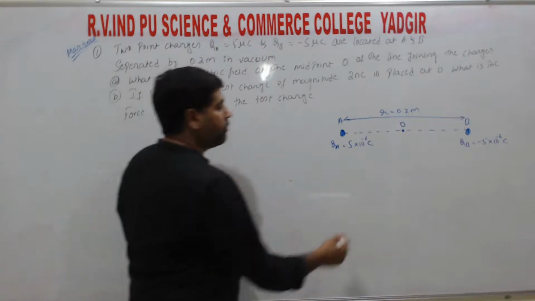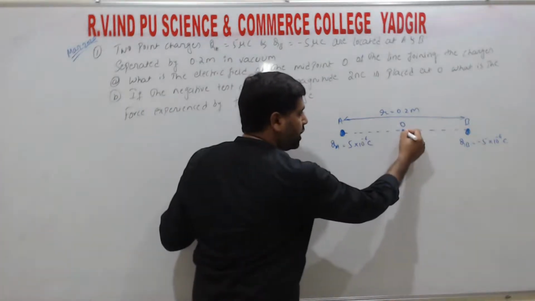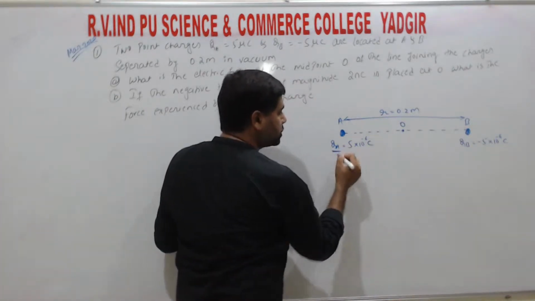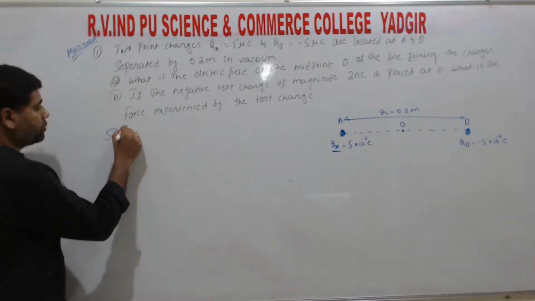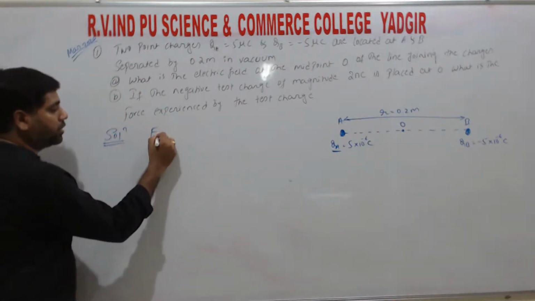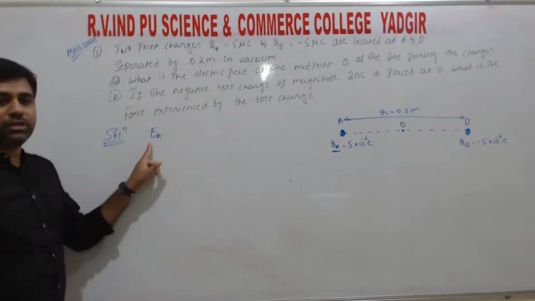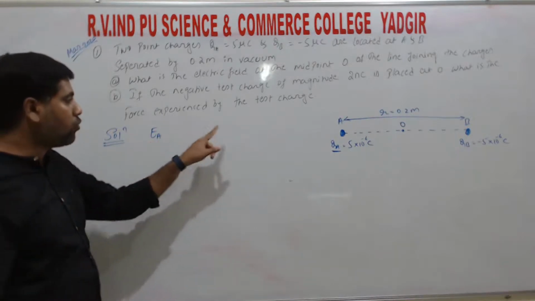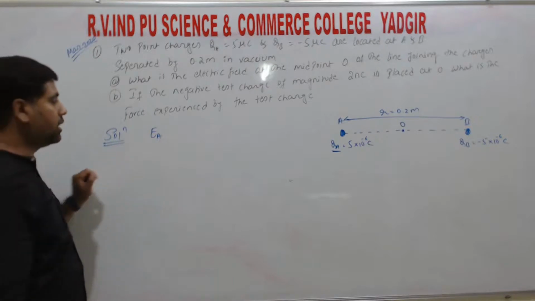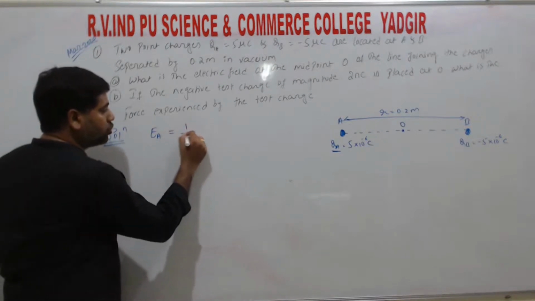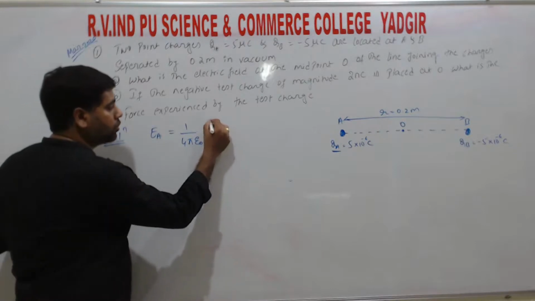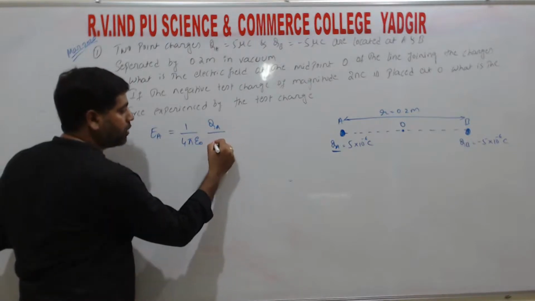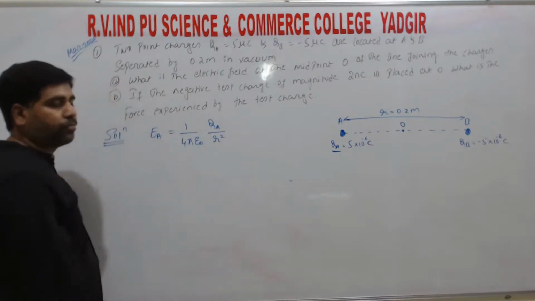Combining these two charges, we get the electric field, and we need to find it, right? First we find the electric field at O due to charge QA. EA, the electric field at O due to charge A, equals 1 divided by 4 pi epsilon naught QA divided by r square.